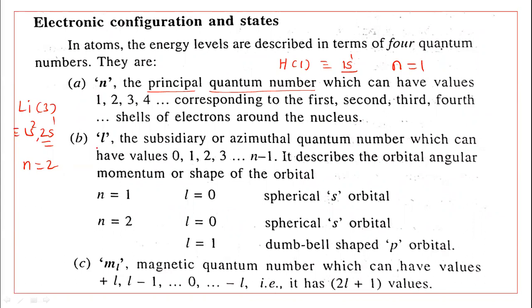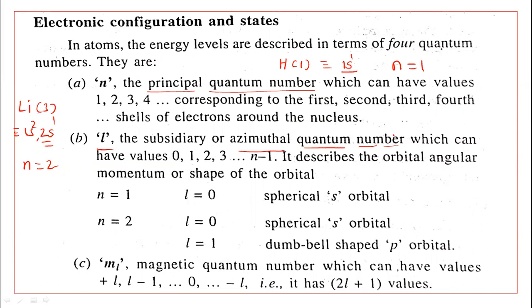Second quantum number, subsidiary or azimuthal quantum number. Now this azimuthal quantum number gives us the information about in which orbital the electrons are present. It describes the orbital angular momentum.